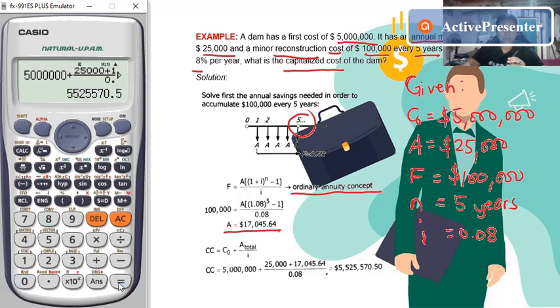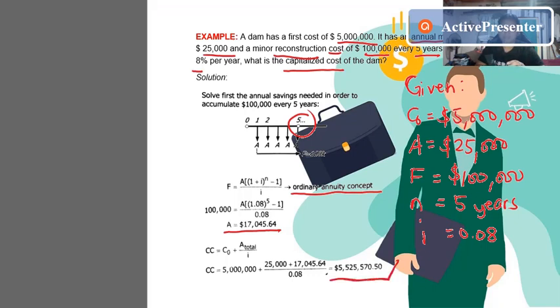So our answer will be 5,525,570.50 US dollars. So this will be our final answer.